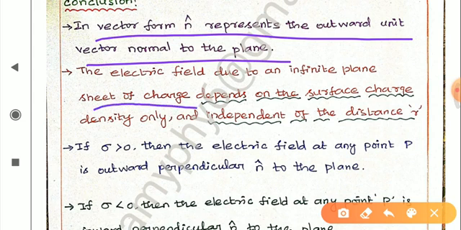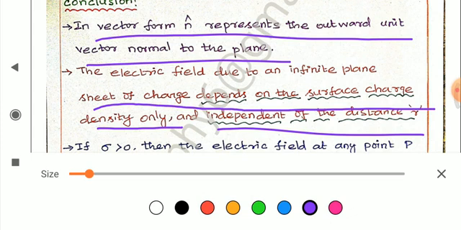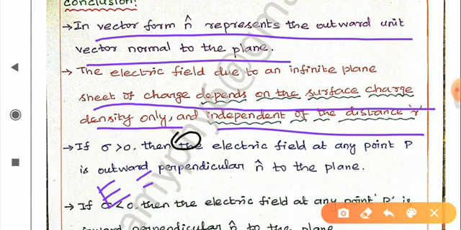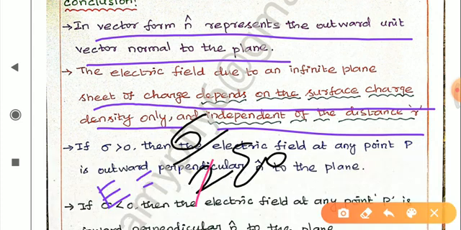Then in the second point, we can see that the electric field due to the infinite plane sheet of charge depends on the surface charge density only and is independent of the distance. How can we understand this concept? Because E is given by the formula E is equal to sigma by 2 epsilon naught. The 2 is a numerical constant, so we need not consider that.